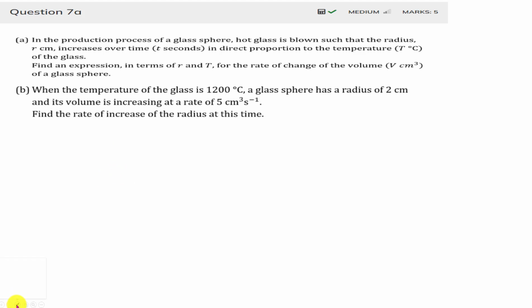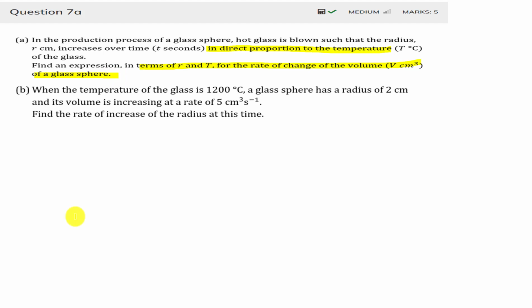So I'm going to highlight. It's got this word direct proportion to the temperature, and do have a read of the question. Finding expressions in terms of R and T for the rate of change of the volume of a glass sphere.